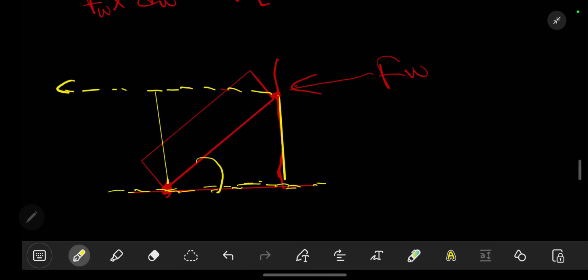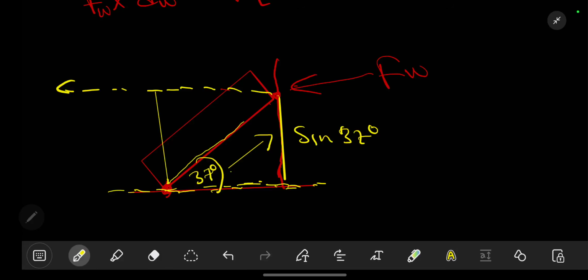Now remember, if the angle theta is here, in this case 37, then with your knowledge of vectors, the opposite side is the sine of your angle 37 degrees times the height.